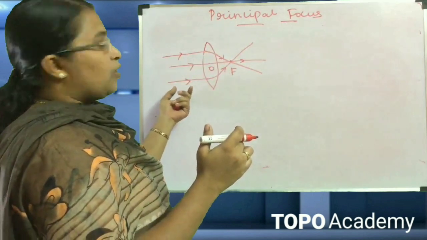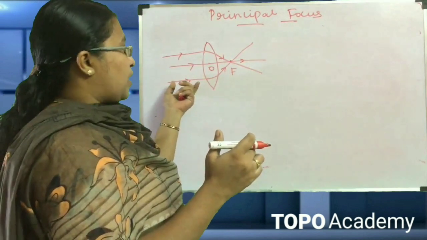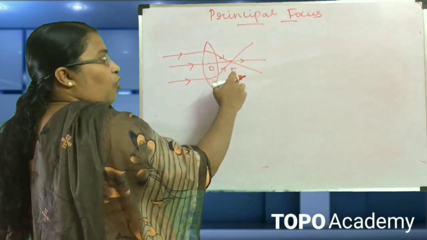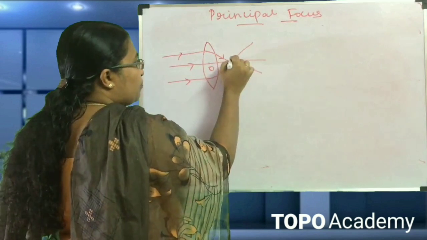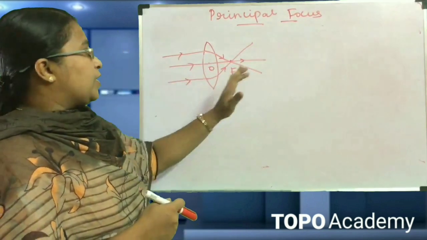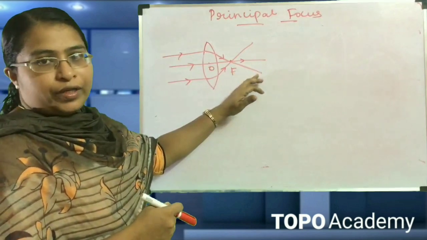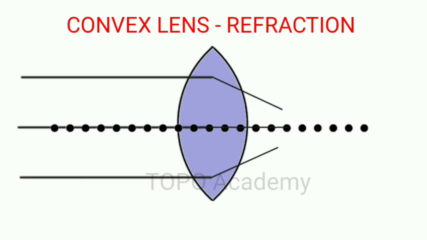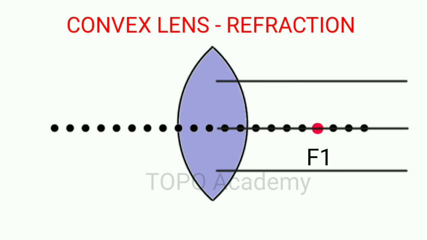In this case, we have seen the refraction is occurring from the first surface, and next we are getting a principal focus on this side of the lens. Here the light rays are coming from the right side and we are getting a principal focus on the left side. The next case is when the light rays are coming from the left side, we will get a principal focus on the right side.